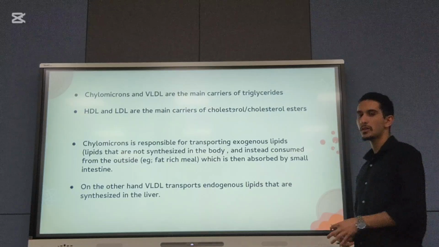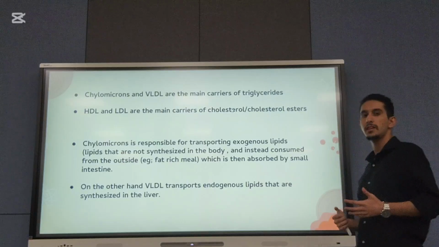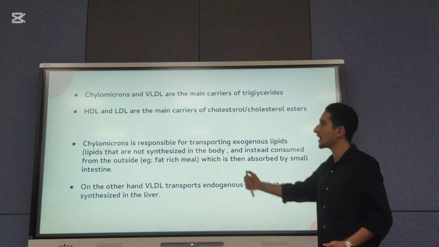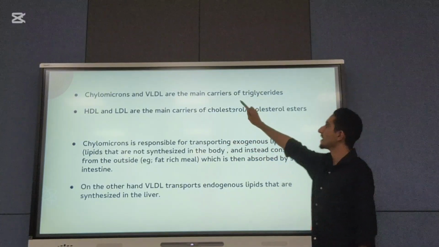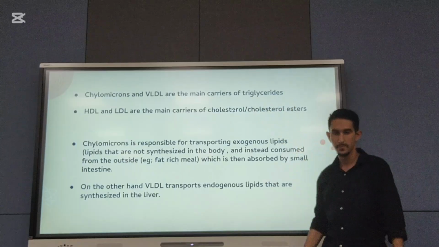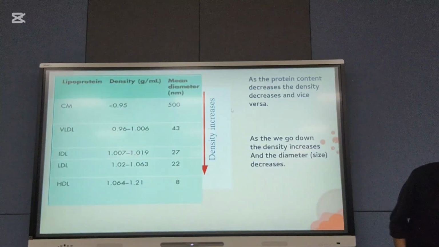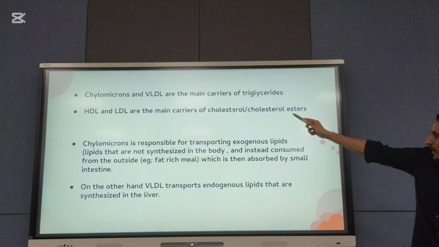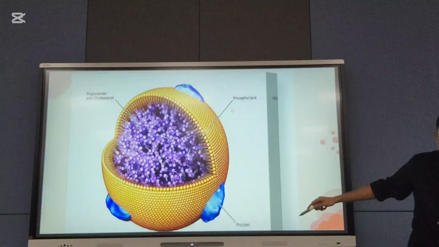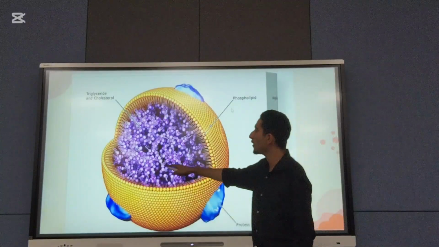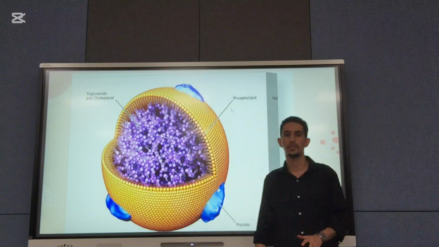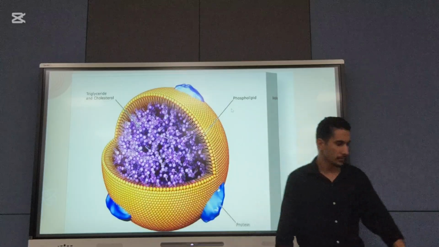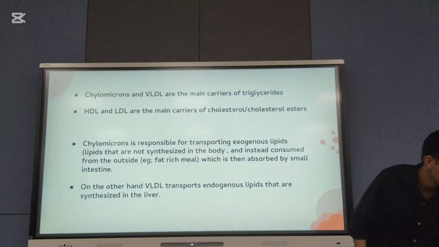Now let's talk about each and every lipoprotein. Chylomicron and VLDL are the main carriers of triglyceride lipids. So basically, you go check on VLDL or a chylomicron, and you see here a lot of triglycerides and lesser cholesterol content. That's the first rule.